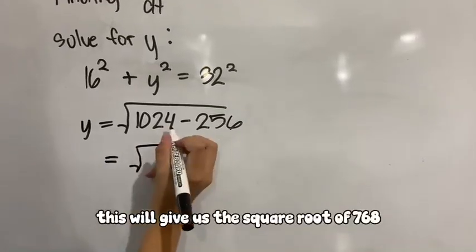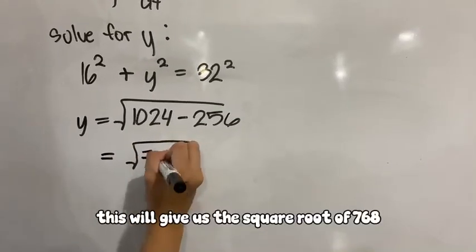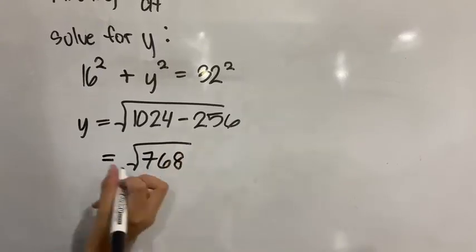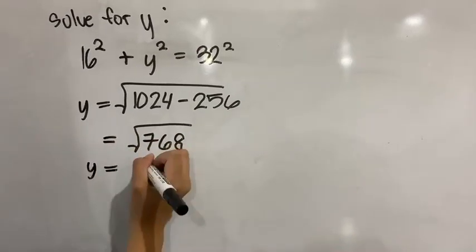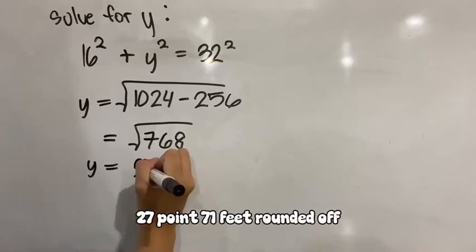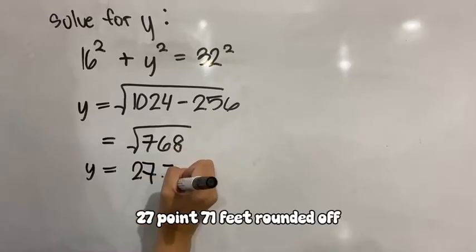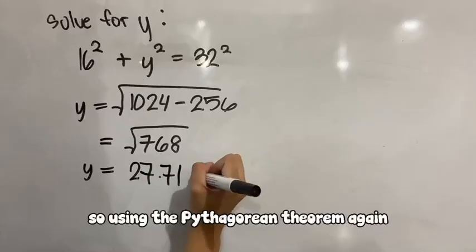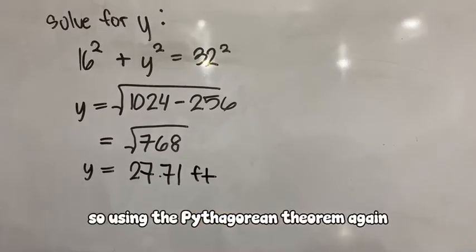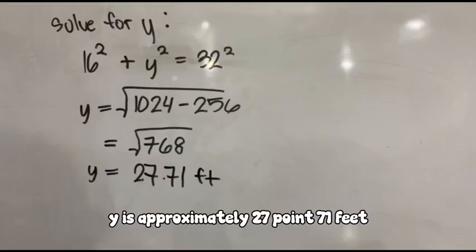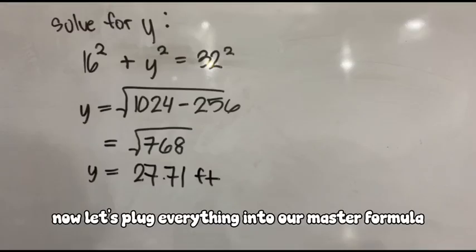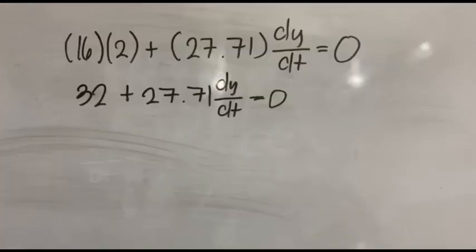This will give us the square root of 768, which is equal to 27.71 feet rounded off. So using the Pythagorean theorem again, we find that when x is 16, y is approximately 27.71 feet. Now let's plug everything into our master formula.